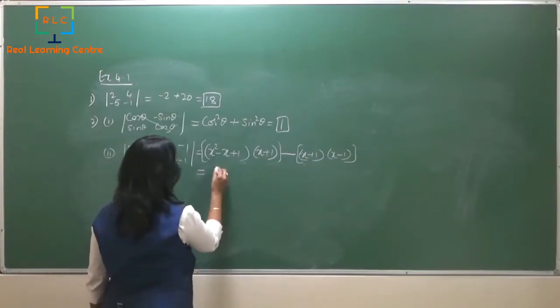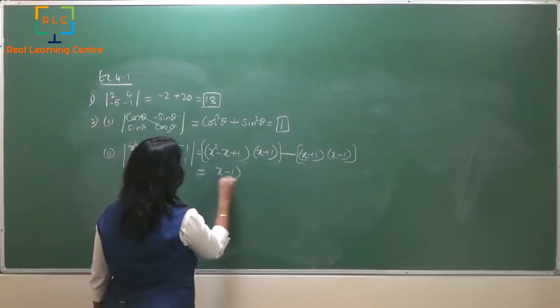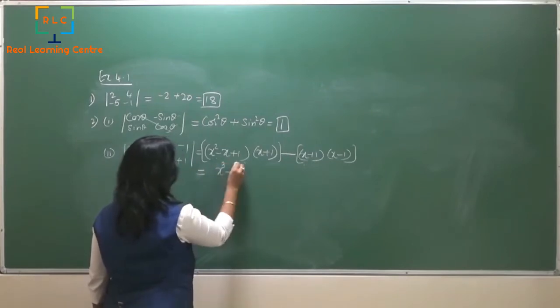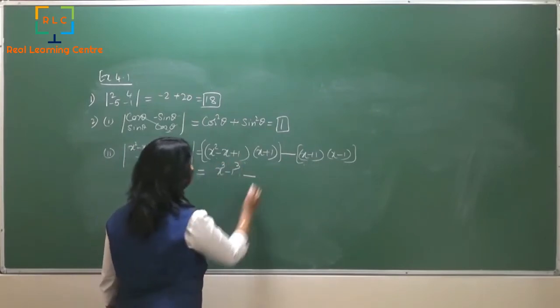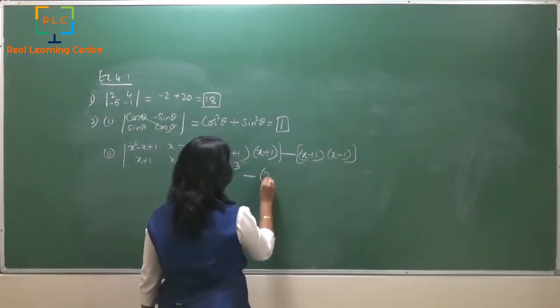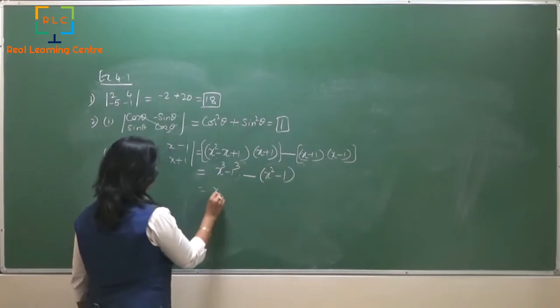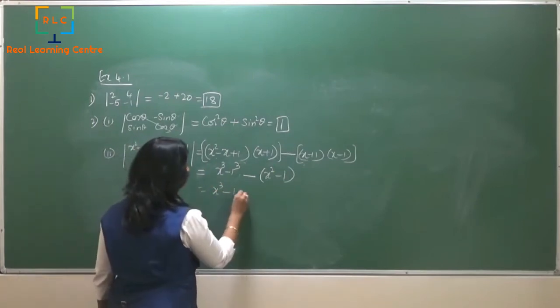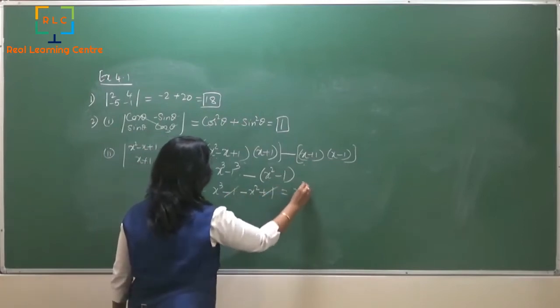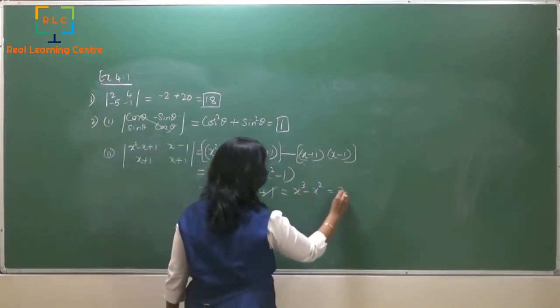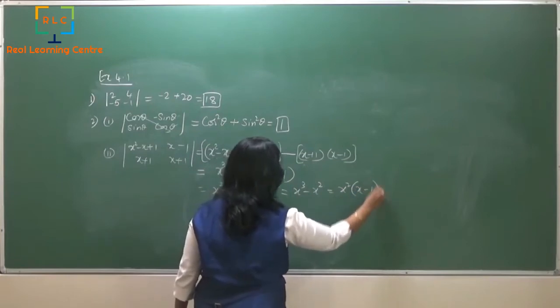So coming here, I'll write x cube minus 1 cube, minus of a plus b into a minus b, which is a square minus b square, x square minus 1. I shall expand. So you have x cube minus 1 minus x square plus 1, minus 1 plus 1 is gone, and you get x cube minus x square, which can be written as x square into x minus 1.